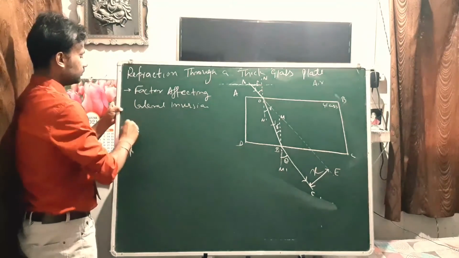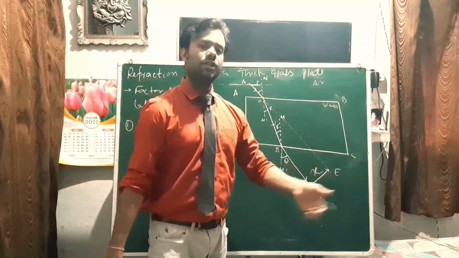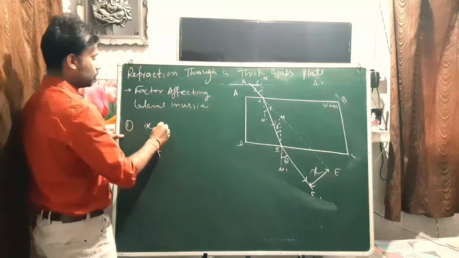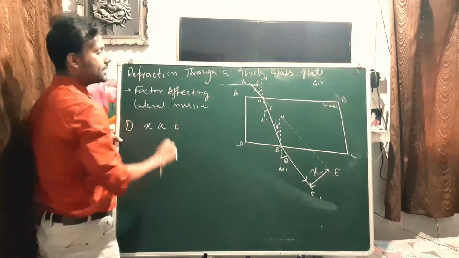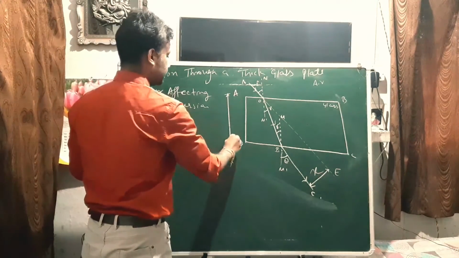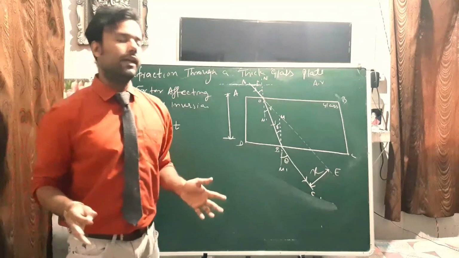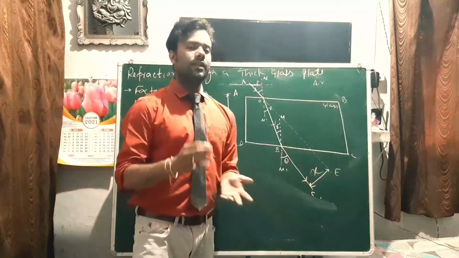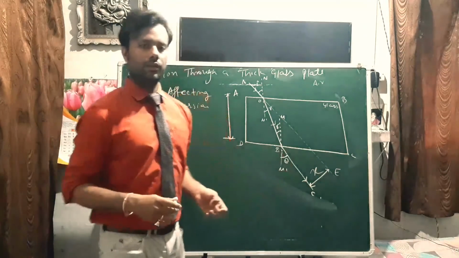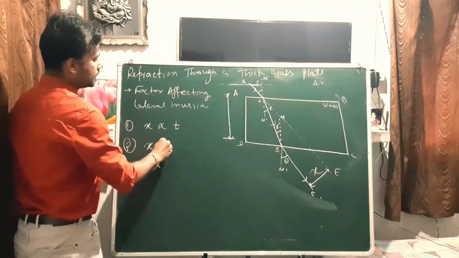First, this lateral inversion, that is this parallel shift, is directly proportional to the thickness T of the glass plate. That means if we increase the thickness of the glass plate, the parallel shift between the incident ray and the emergent ray will increase.